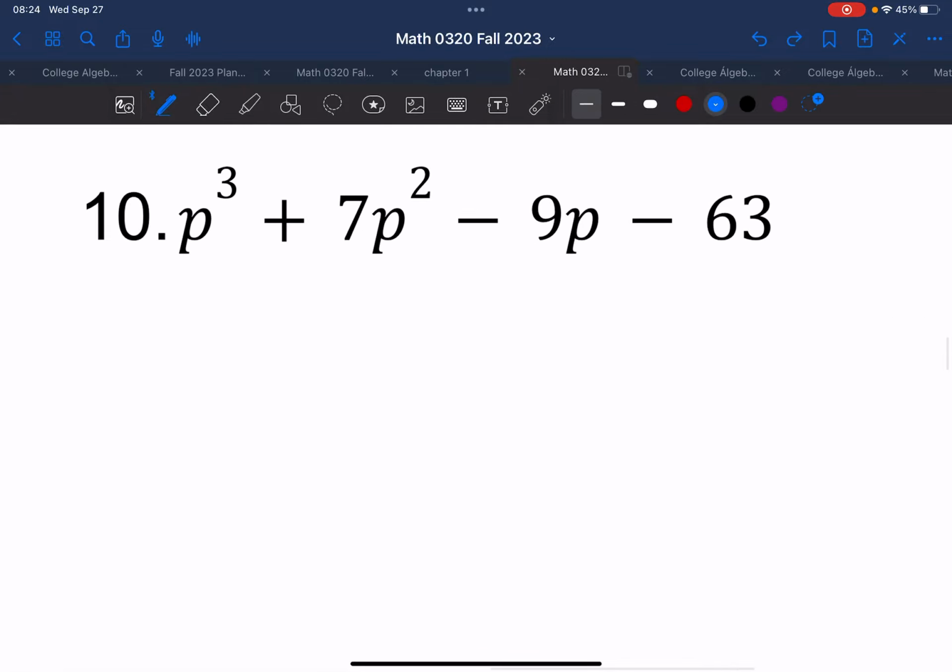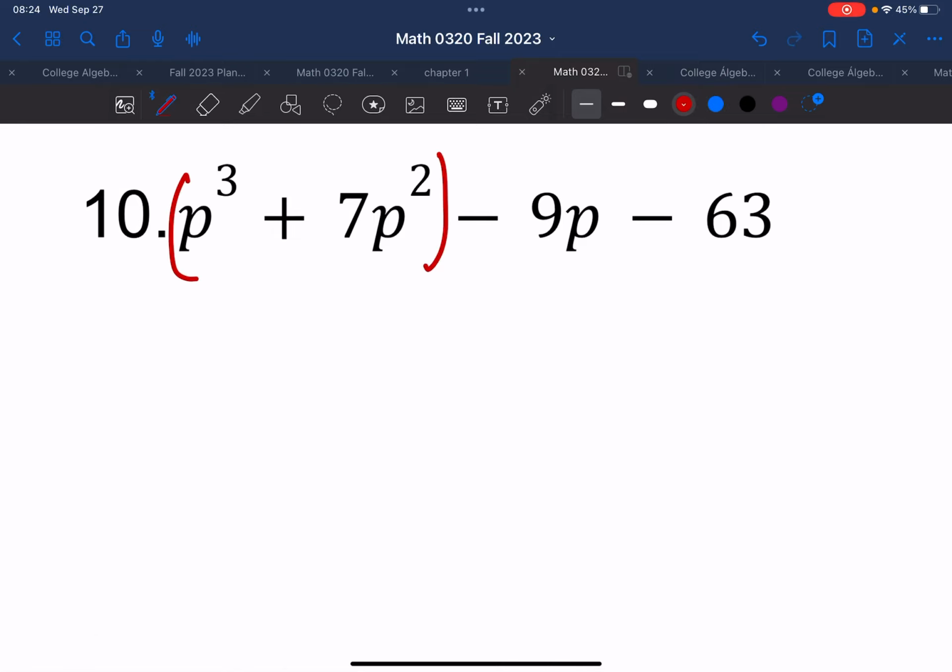Go ahead and take a moment and try number 10. Number 10 has 4 terms, so you're doing what first? Factor by grouping. So you're working on number 10. Give you guys a moment to do that, and then I'll go through it.